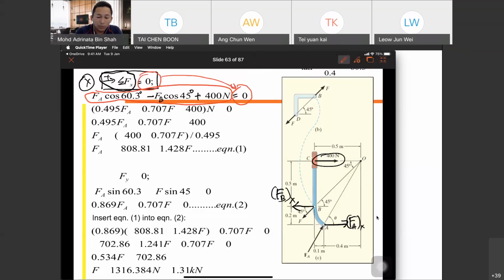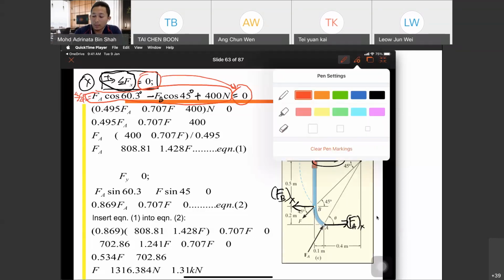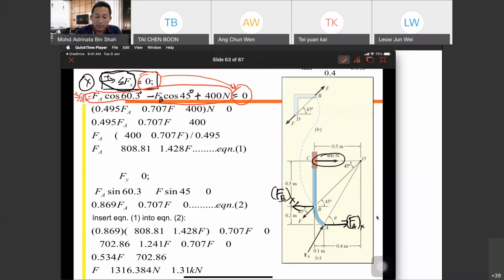You don't have to write your positive Fx again. No, you don't have to do that. Write the summation of Fx so that it is considered in your equation. So that is how you write.